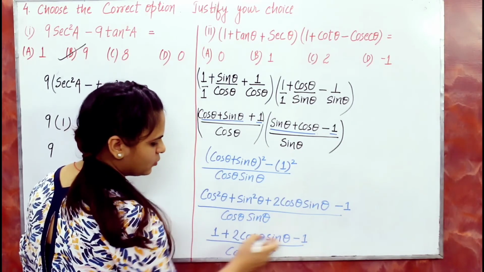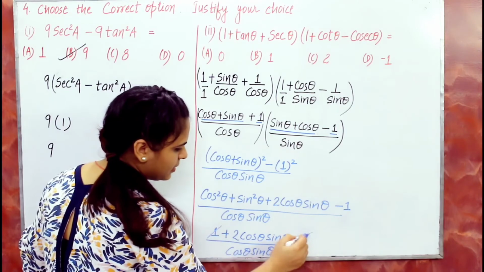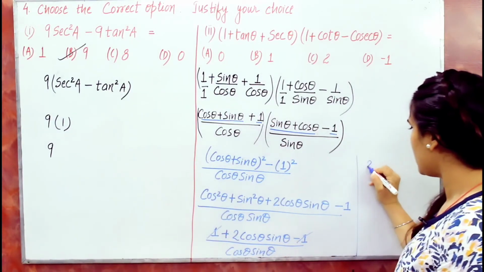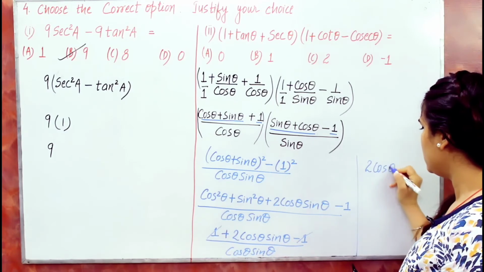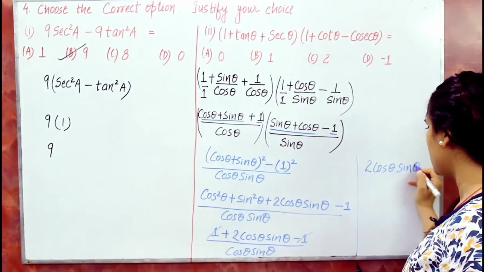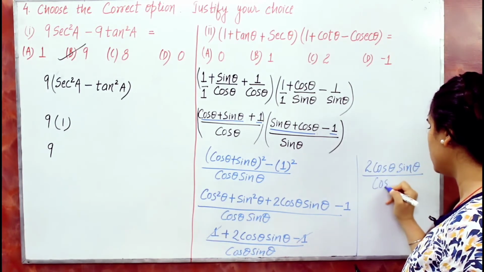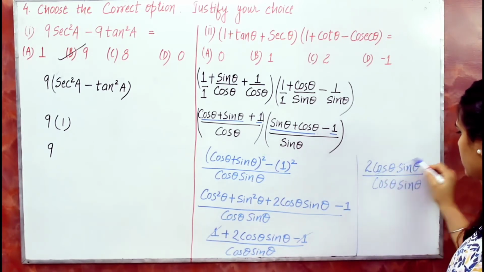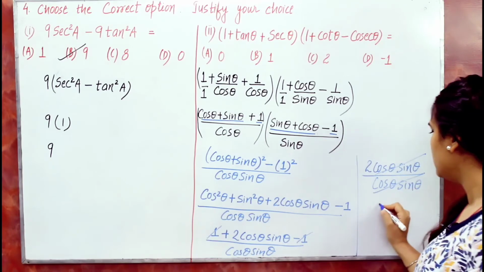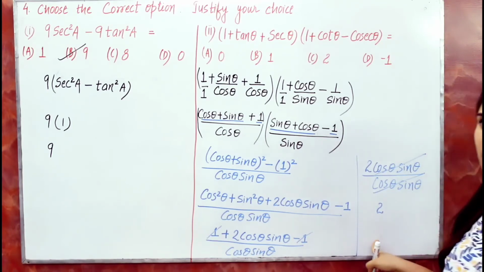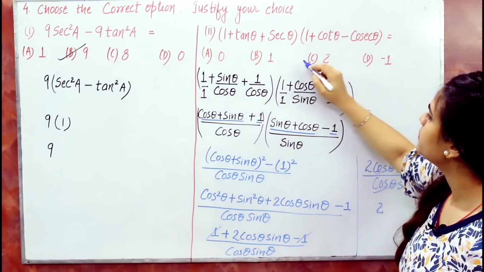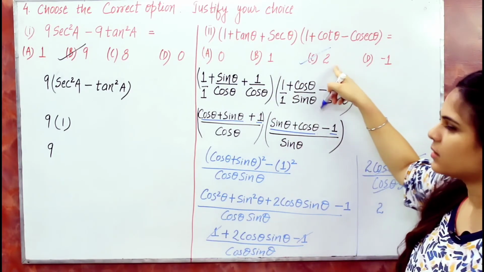Plus 1 minus 1 get cancelled out, and 2 cos theta sin theta upon cos theta sin theta. Now you can cancel out this cos theta sin theta. Final result is equal to 2. So out of these options, option C is 2. That's our correct answer.